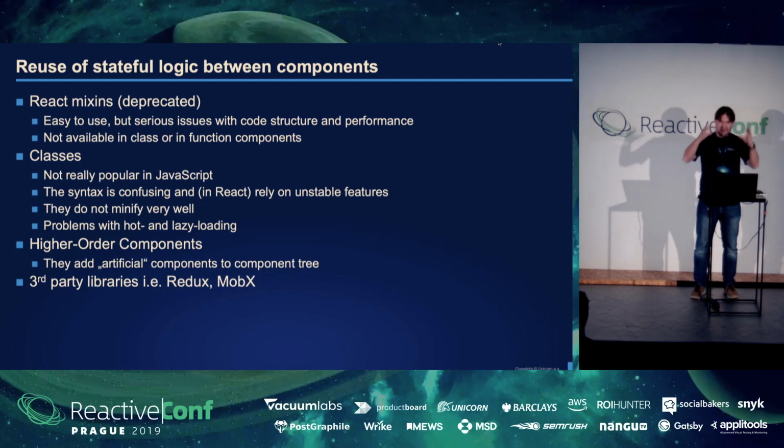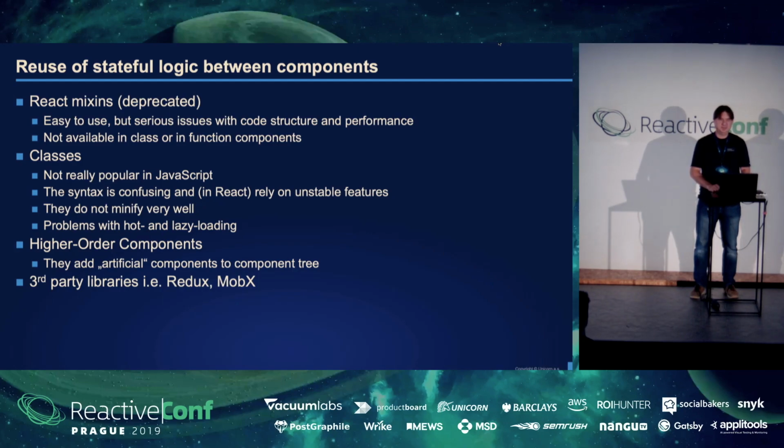Then the class hierarchy came in, and so you try to share your stateful logic by the inheritance of classes, but in my opinion, class syntax in JavaScript is something quite awkward. Actually, it doesn't act as a real class in class-oriented languages. It acts somehow like it, but there are slight differences, and there is some big overhead over the syntax sugar. So I think that functional programming is more natural for JavaScript.